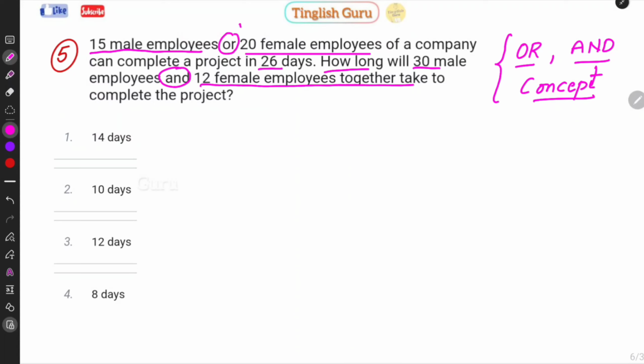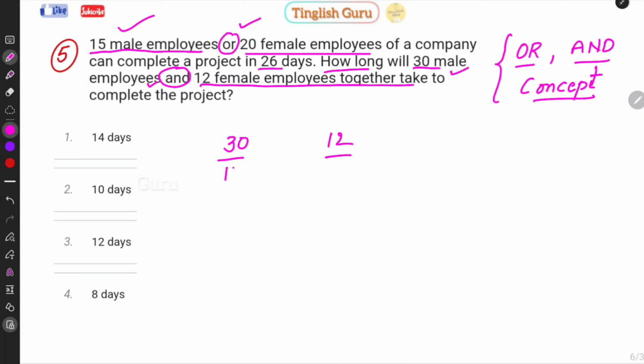If you find this kind of structure, that is, in the question's first part OR is given and in the question's second part, which we have to find, AND is given, then there is a very simple technique to find the answer. What we have to do is, first of all, write the findable section, that is 30 male and 12 female, in the fraction form, and write the given section, male below male.